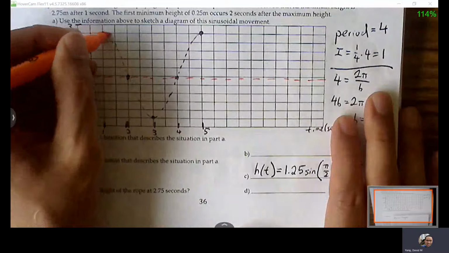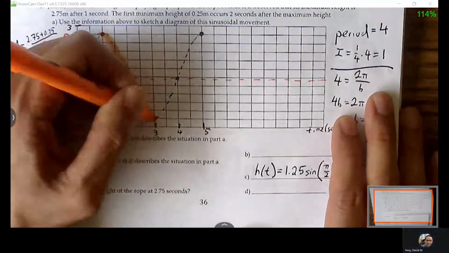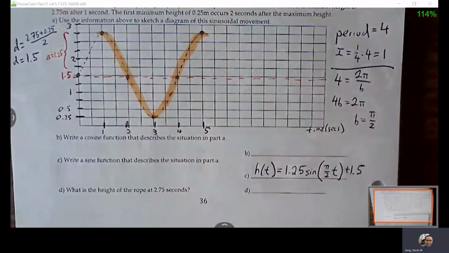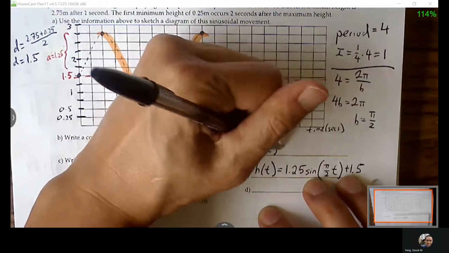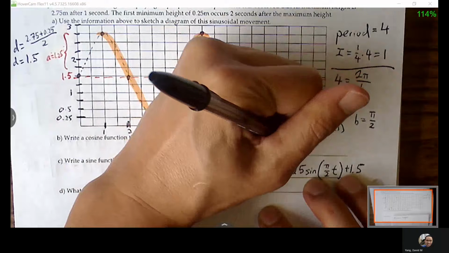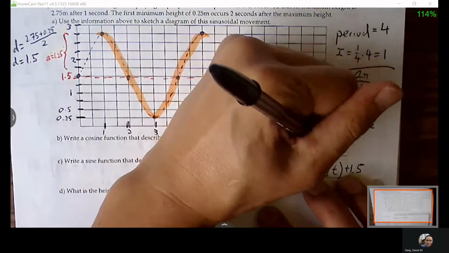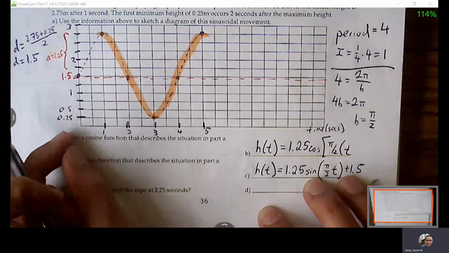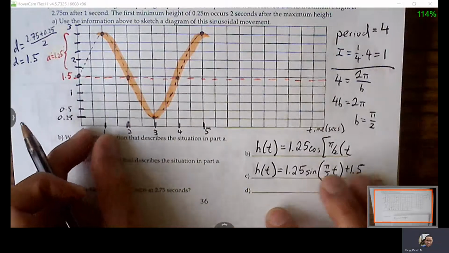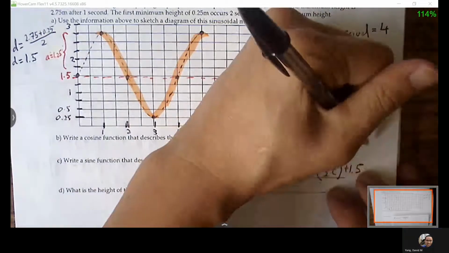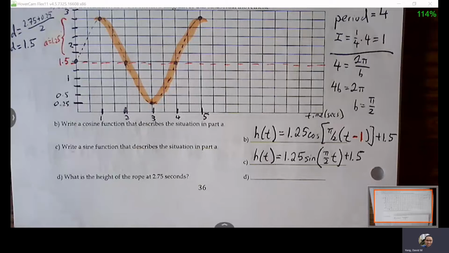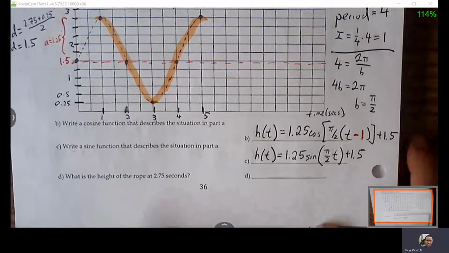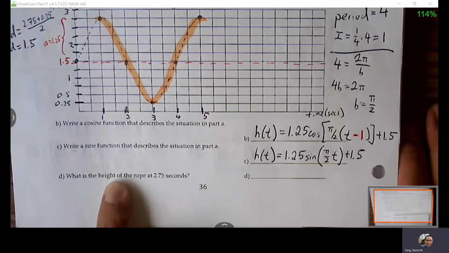My cosine graph is nearby. Shift it to the right one. Either equation will help us get to the height of the rope.